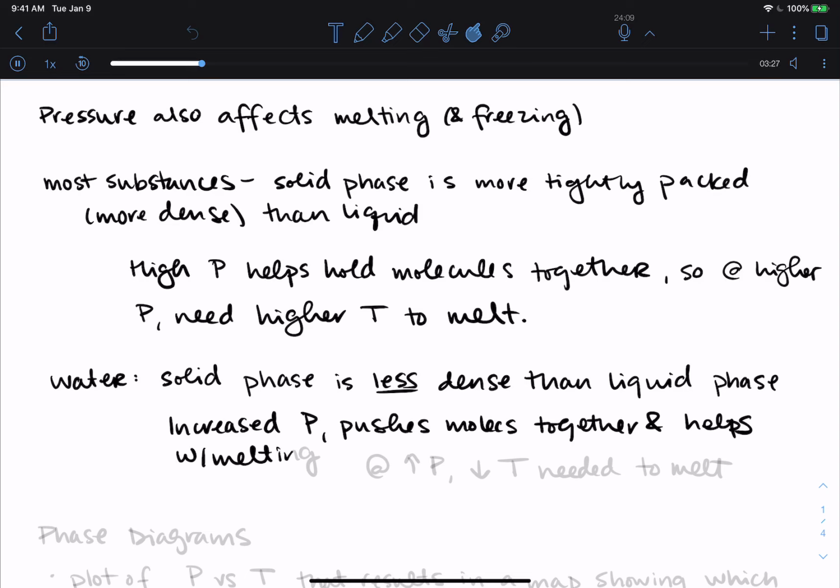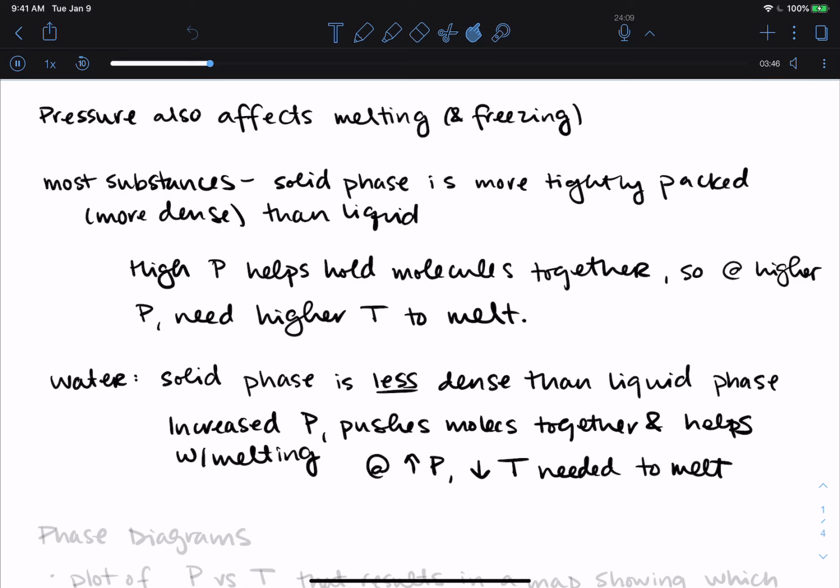So at higher pressure, a lower temperature is needed to melt it. So at increased pressure, decreased temperature needed to melt.